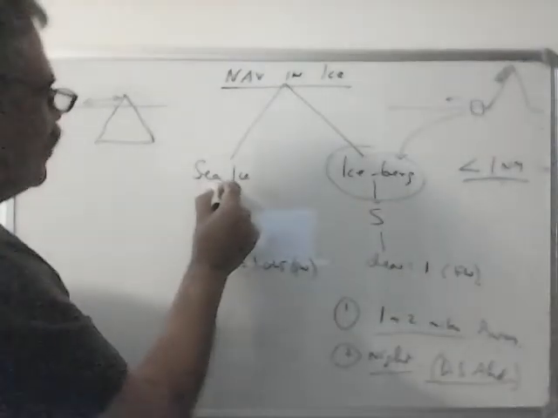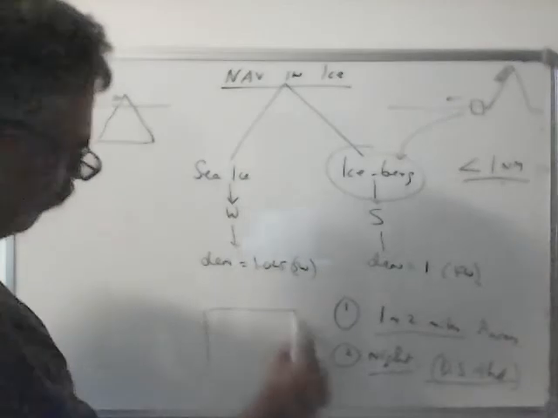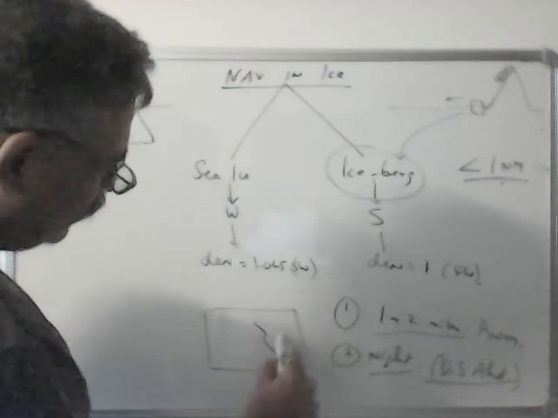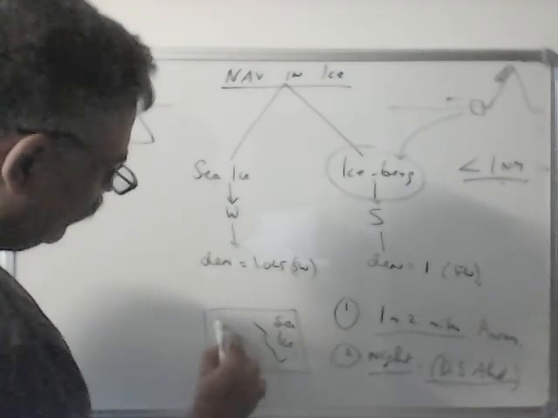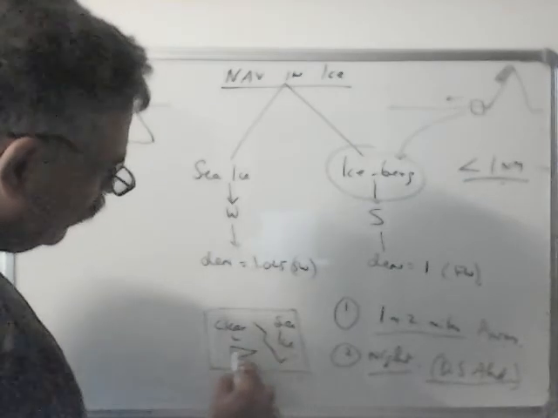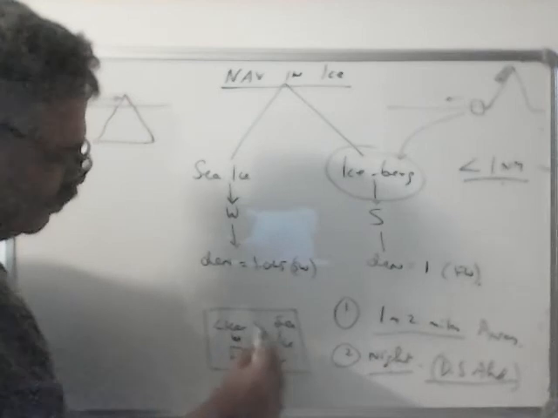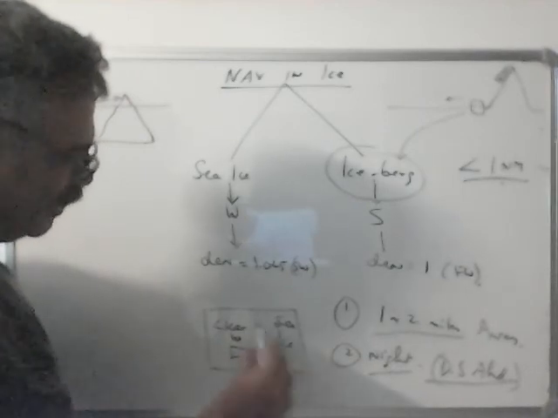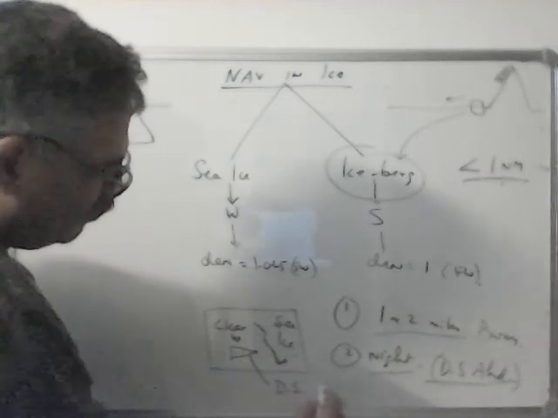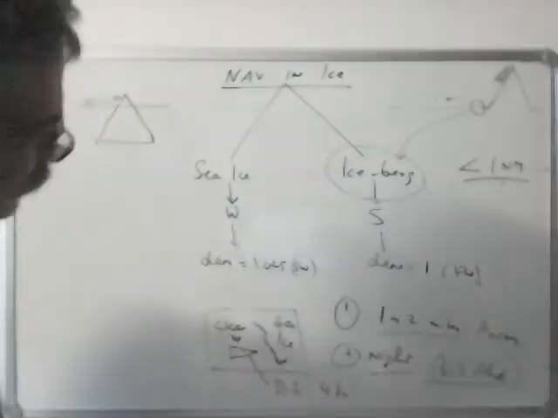Now, what precautions do you have to take when you are entering sea ice? If you are entering an area of sea ice, like this is sea ice and this is clear water, initially in clear water you can go full speed, but before you enter the ice area you have to come to dead slow speed, about 4 knots or so, so that you don't get an impact.